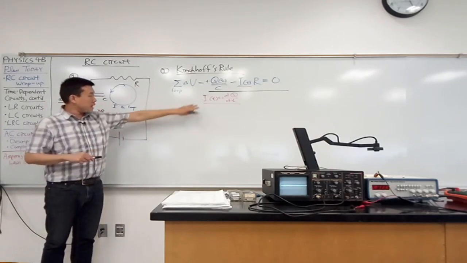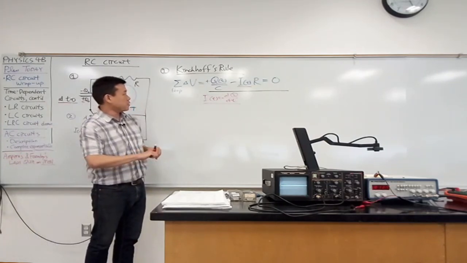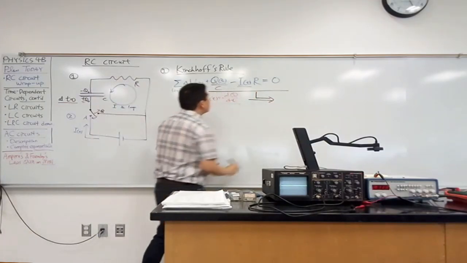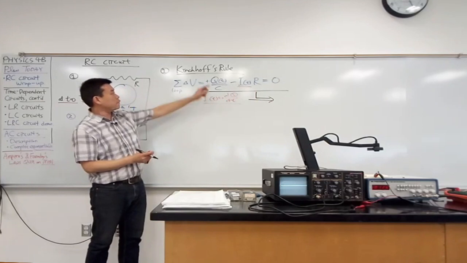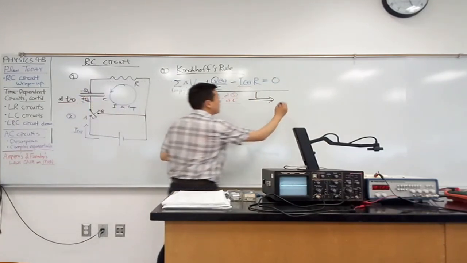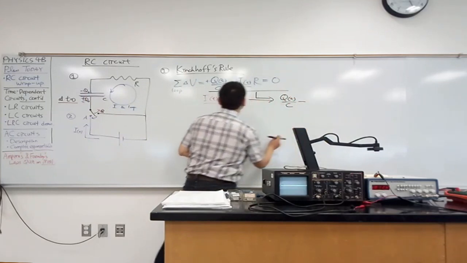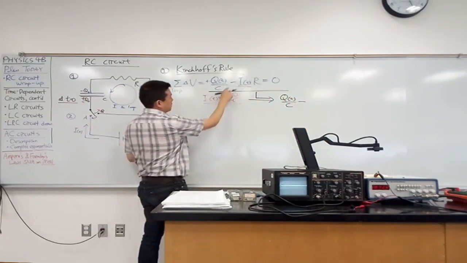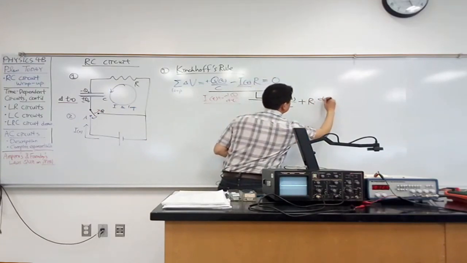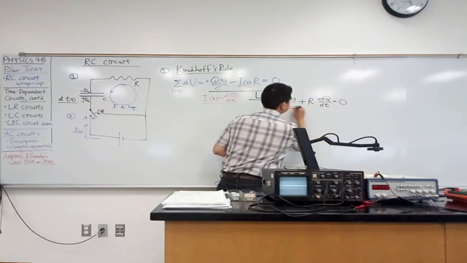Good. Okay. So I need to use this information to write down a single differential equation. So it becomes an equation involving Q alone. I get Q as a function of time over C plus R times dq dt is equal to 0.